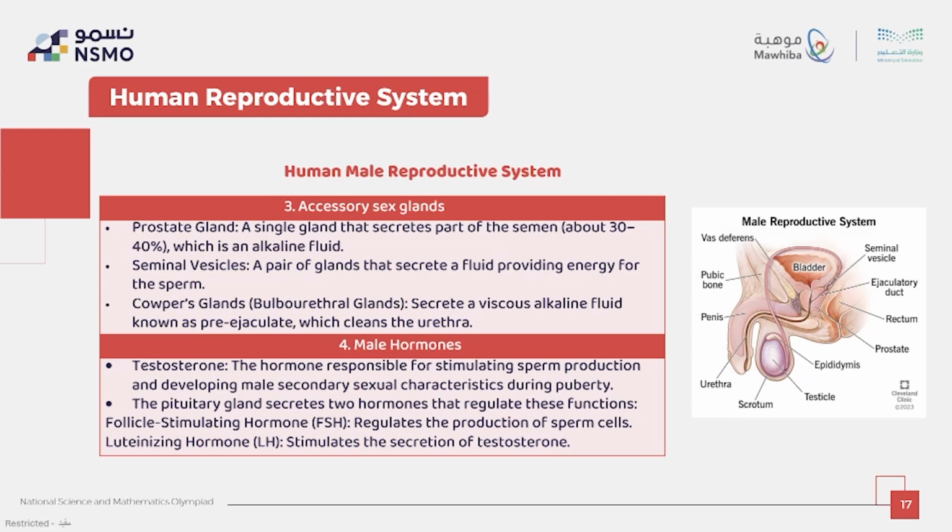And we have LH, and LH stimulates the testes to secrete testosterone. Okay. The male reproductive system is not just about producing sperm. It's a precise system of glands for energy, protection, and hormones for control.